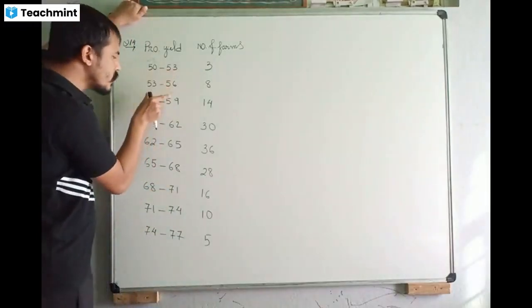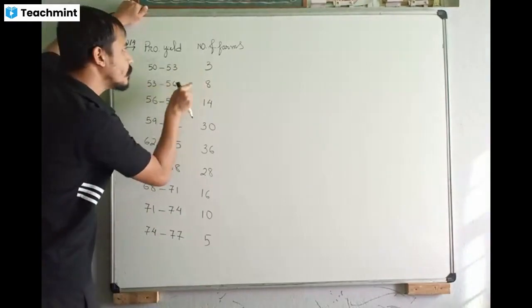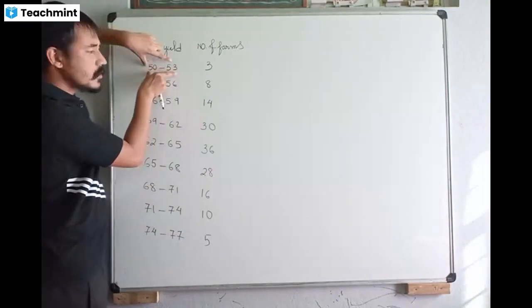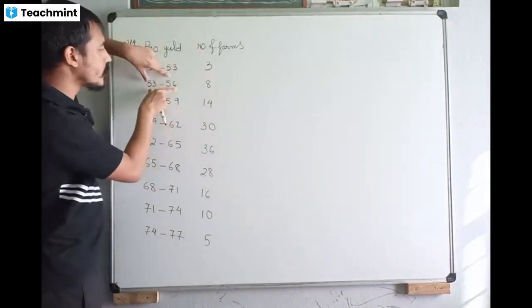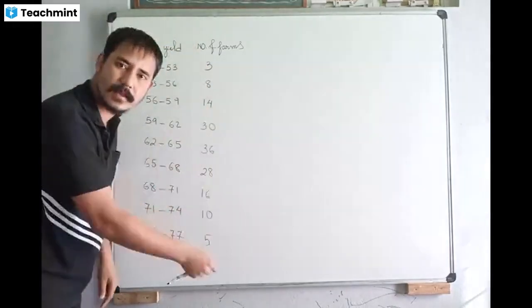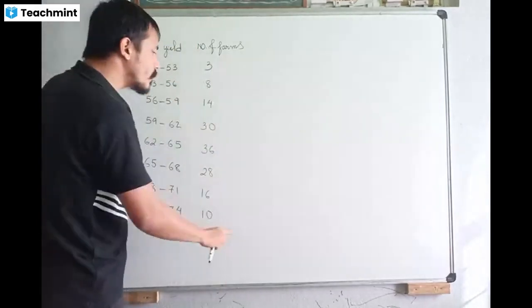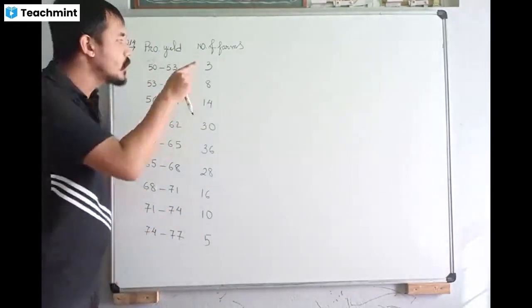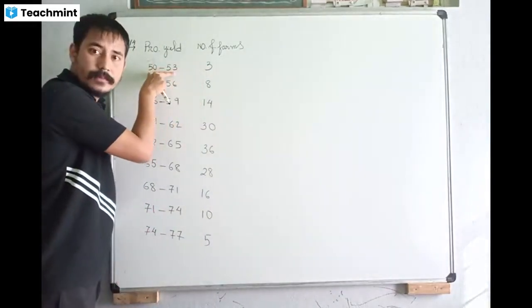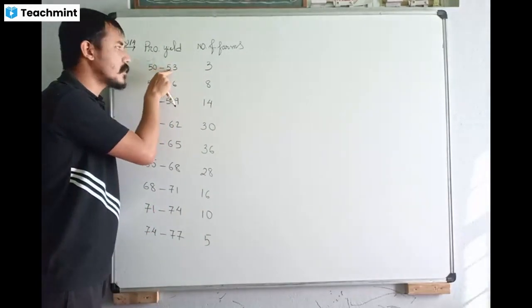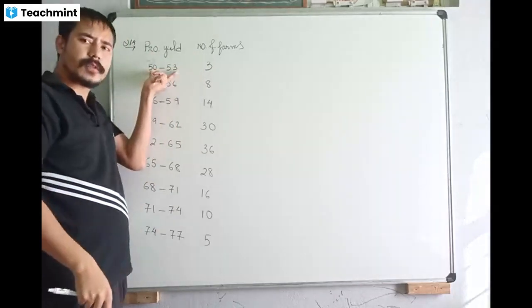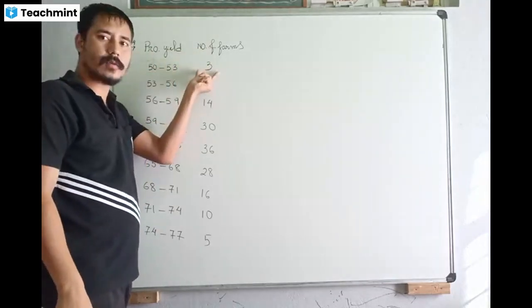Corresponding to each of these groups, there is a number given, represented by the number of farms. What are these numbers? These numbers denote the number of times the items of this group have occurred. For the first group, 50 to 53, the number of times is 3.